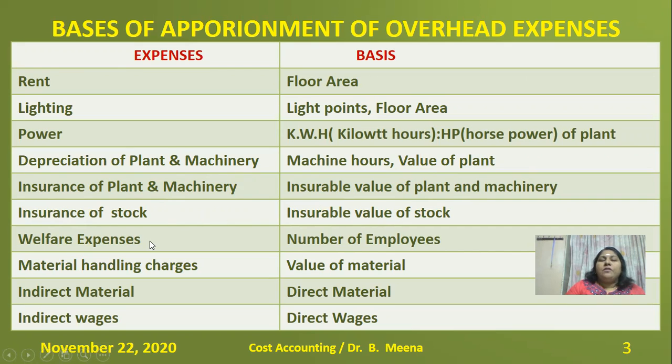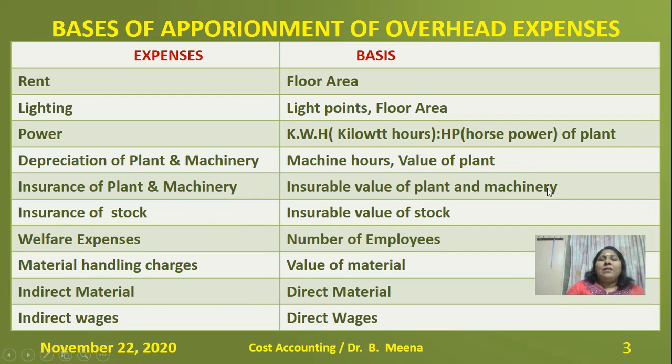For welfare expenses, you need to apply the logic for whom the welfare expenses are incurred in the factory, for the employees. So we can take the basis as number of employees. And next, material handling charges, value of material we can take as a basis. Indirect material, we can take the basis as direct material. Indirect wages, we can take the basis as direct wages.